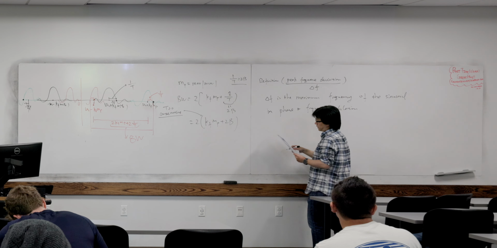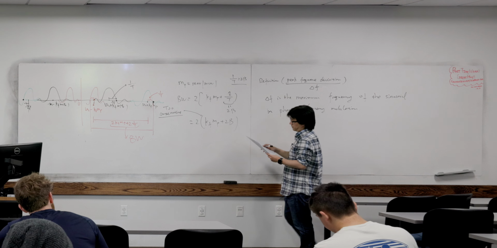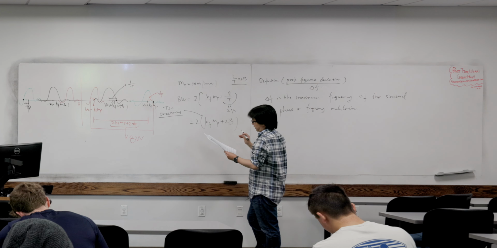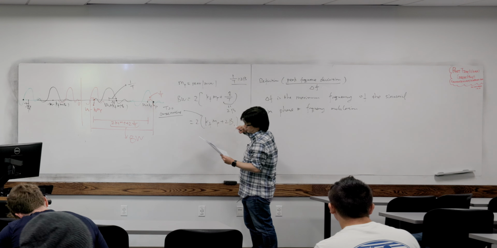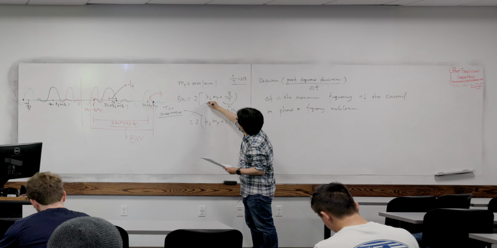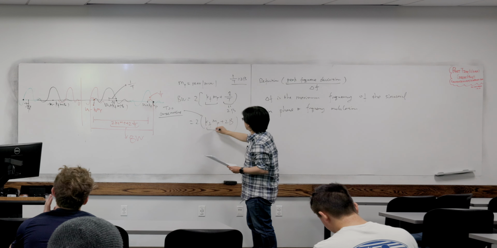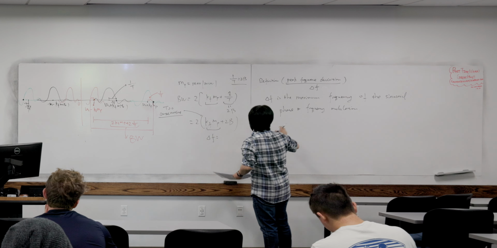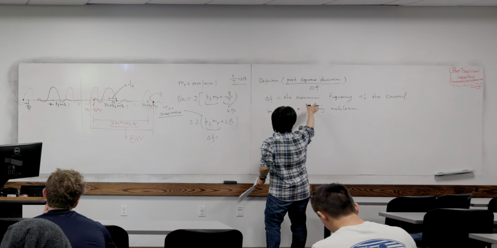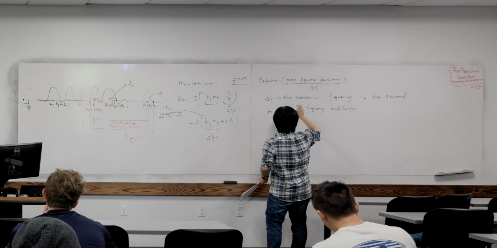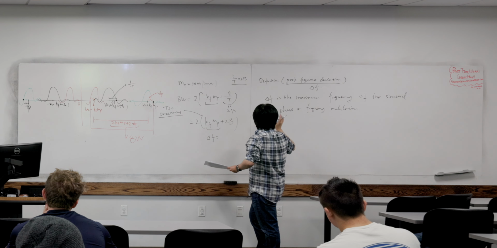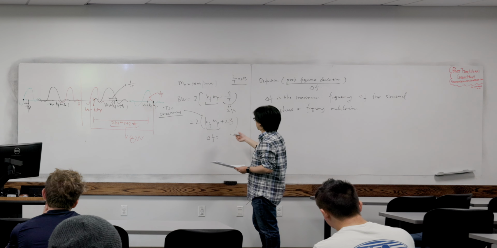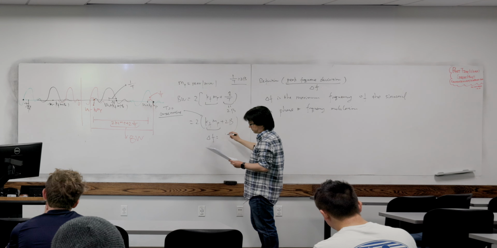Okay, so what do we mean by this? It means this term, or this term. So the delta F is defined by the maximum frequency deviation of the sinusoid in phase or frequency modulation, right? So in general, it's defined as this.